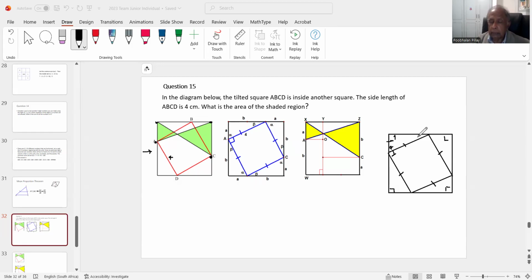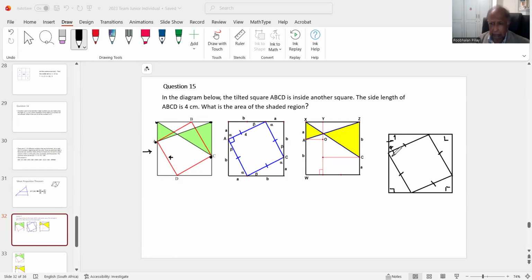So this angle here is 90 minus alpha, because the whole thing is a straight line. These two will add up to 90.